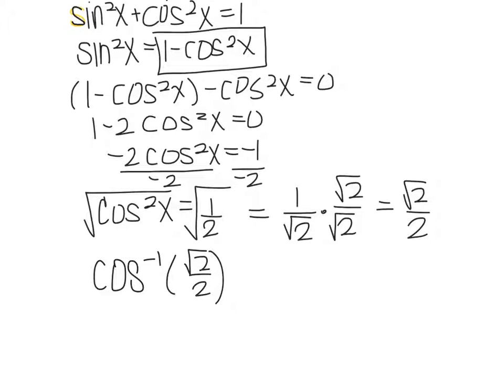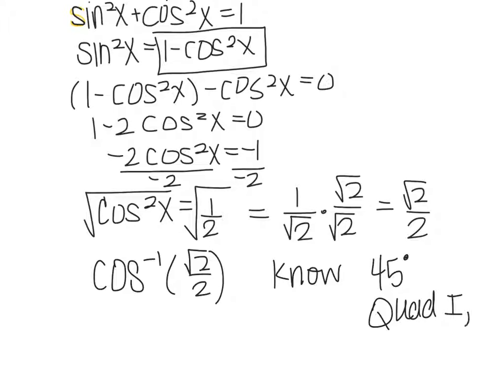Alright, so I know that that's going to be some version of my 45-degree angle. So I'm dealing with 45 degrees. But I also know that because it is positive, it's going to be in quadrant 1 or 4.